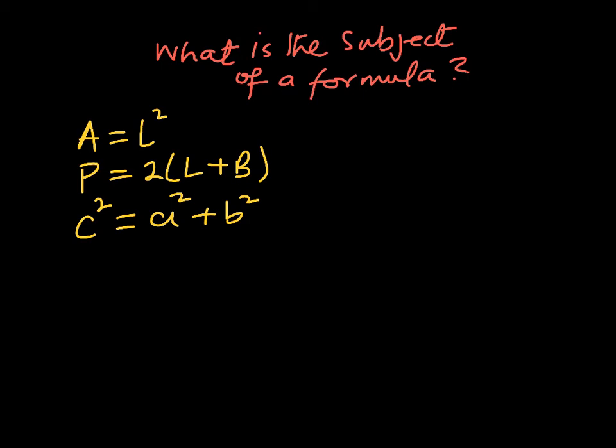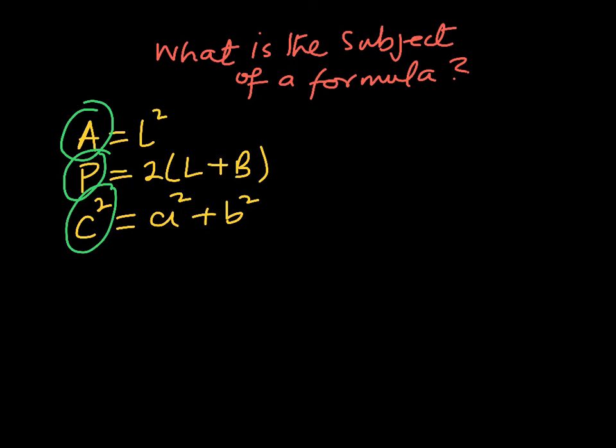For example, in the first one, A is equal to L squared, we see that A lies all alone by itself on the left hand side. Then the second one, P, which is the perimeter, lies all alone on the left hand side of the equation. And likewise, C squared lies all alone. These ones are called the subject of the formula. So the subject of the formula is that variable that lies all alone on one side of the equation.